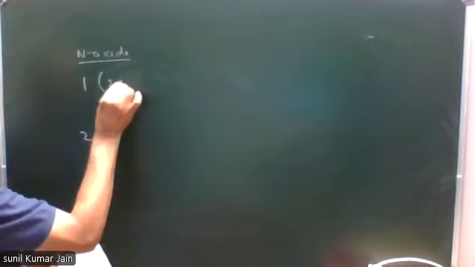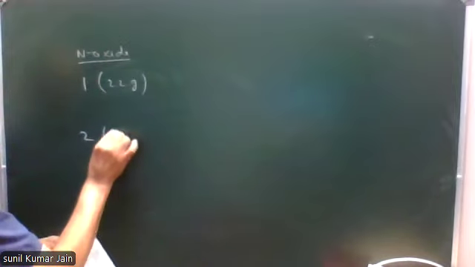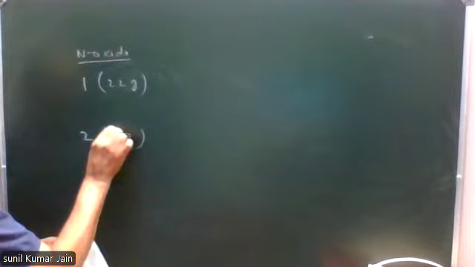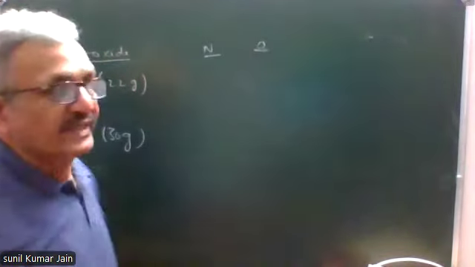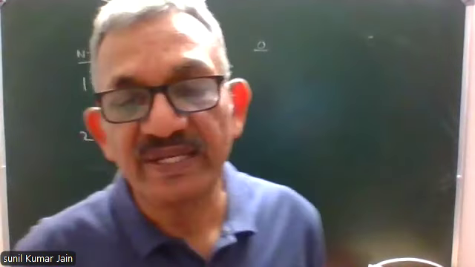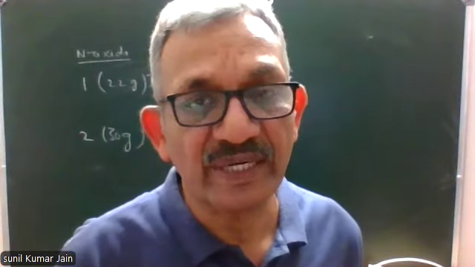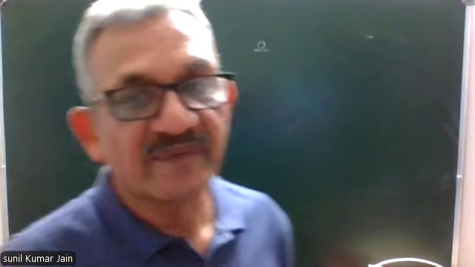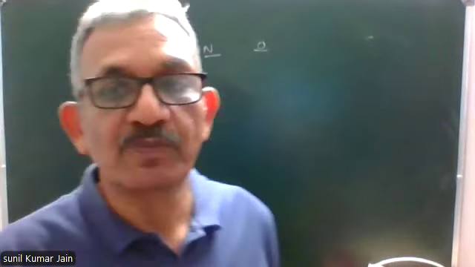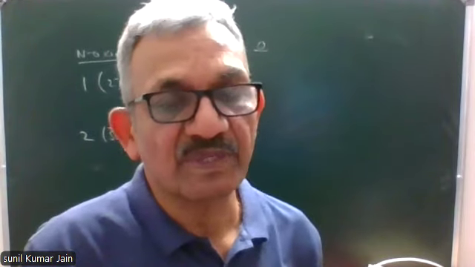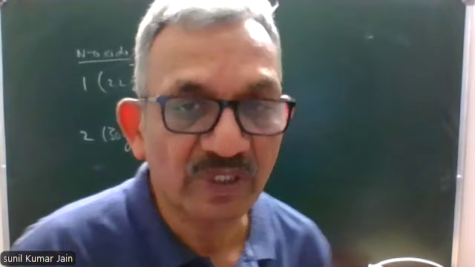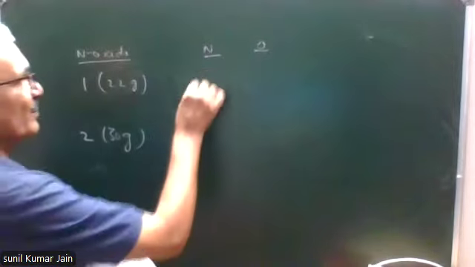This is 22 grams and the other one is 30 grams. Nitrogen in both the cases is 11.2 liters of nitrogen at STP. It means 11.2 liters will be half mole of nitrogen. Molecular weight of nitrogen is 28. It means half mole will be 14 grams of nitrogen.